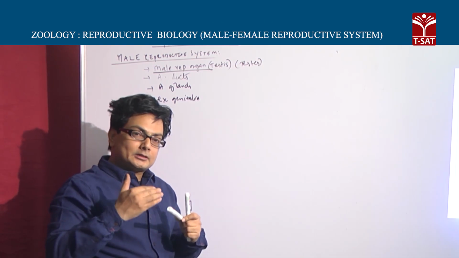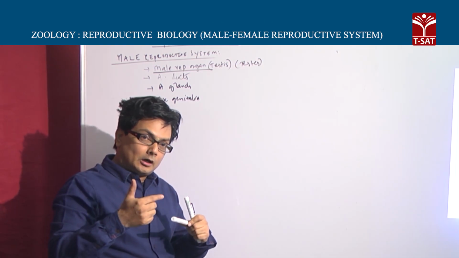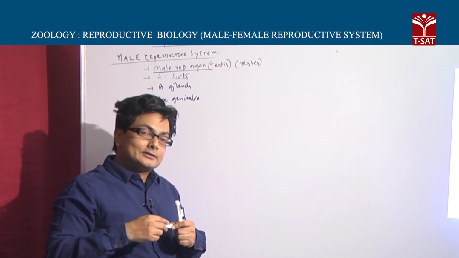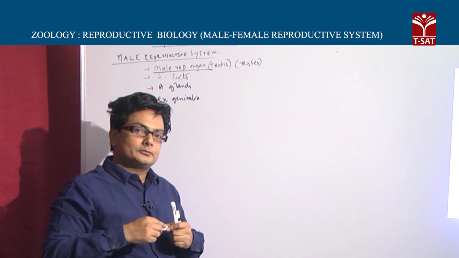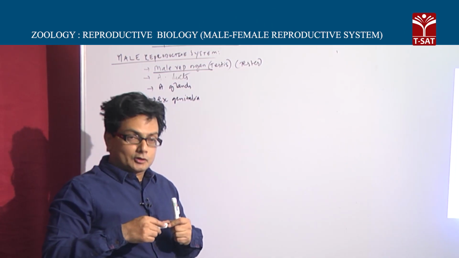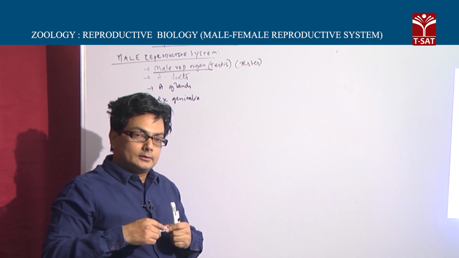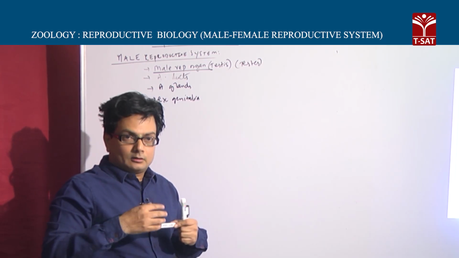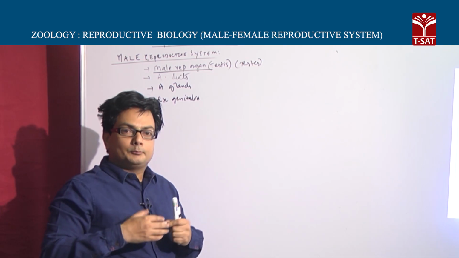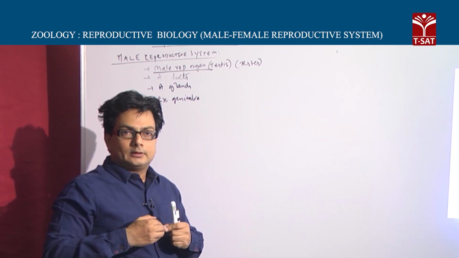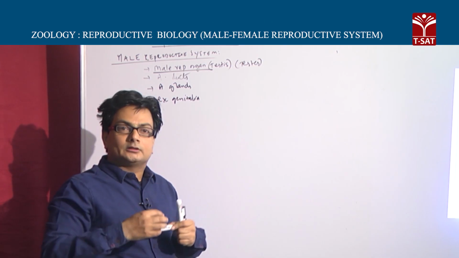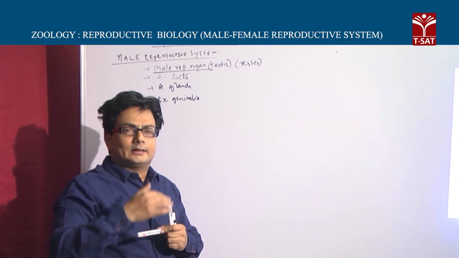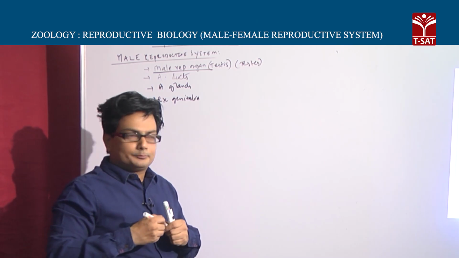Since the testis is present within the scrotum outside the abdomen, we call it an extra-abdominal testis, and that is required because spermatogenesis can comfortably happen within the male gonad at a temperature below the body temperature. That's why the environment within the scrotum would be 2 to 2.5 degrees centigrade lesser than the body temperature.